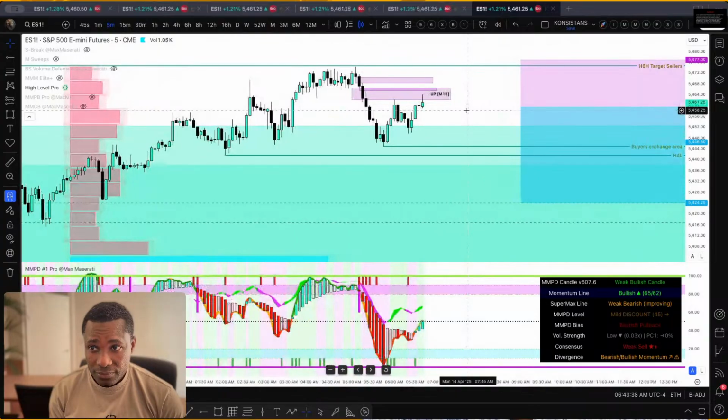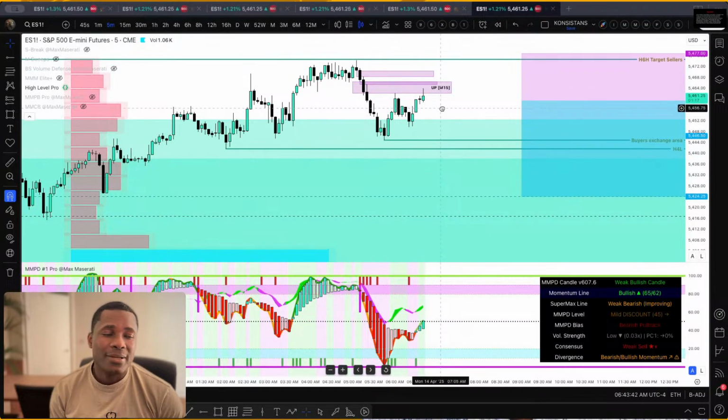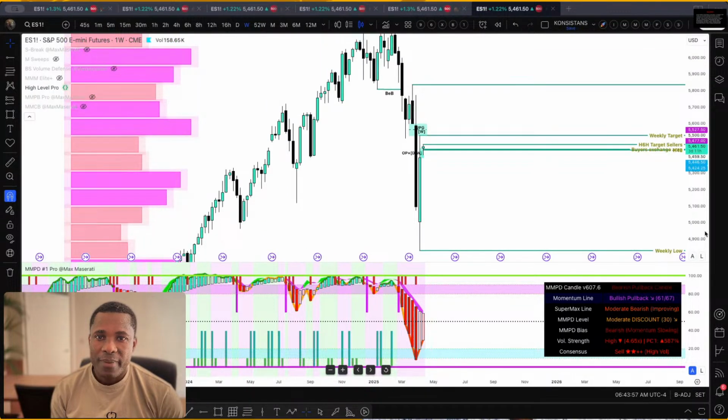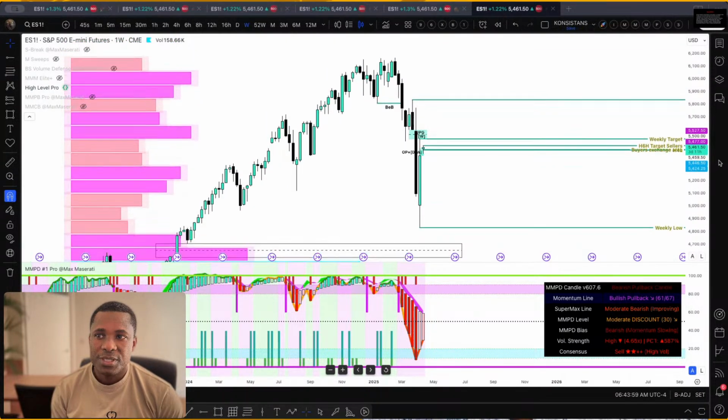The only thing we're waiting for here, but remember, we are in a bullish high time frame context, and high time frame is better with context. For example, on the weekly, we have price retracing back.